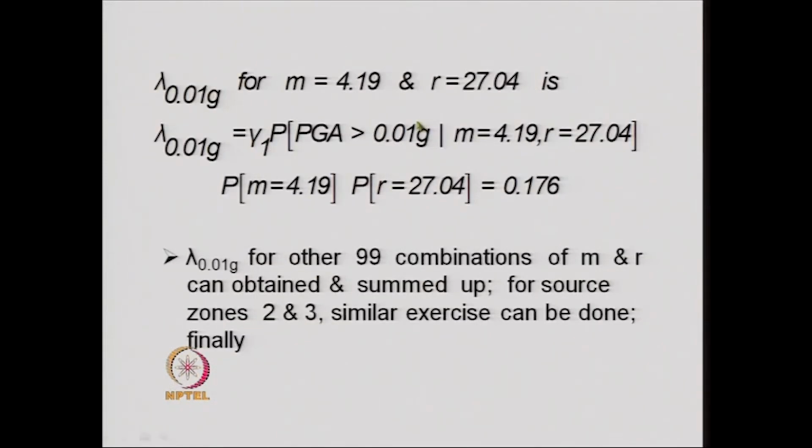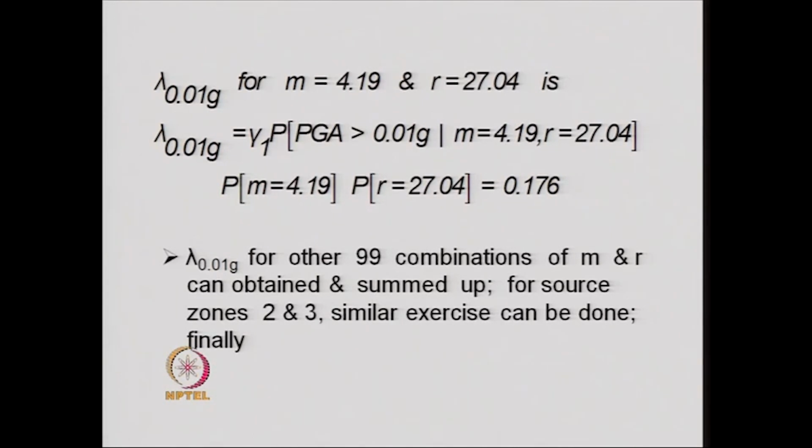So here, first we make this multiplication, and this multiplication turns out to be 0.176. In this, the rate of occurrence of earthquake greater than magnitude M is equal to R, that is nu 1, which we have also calculated. So we multiply this entire thing with nu 1, and the result is 0.176.